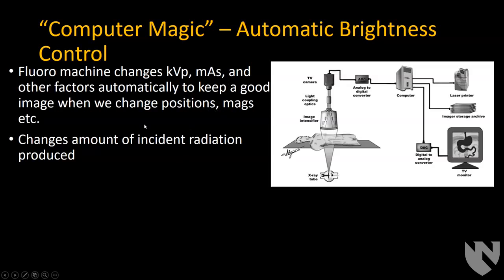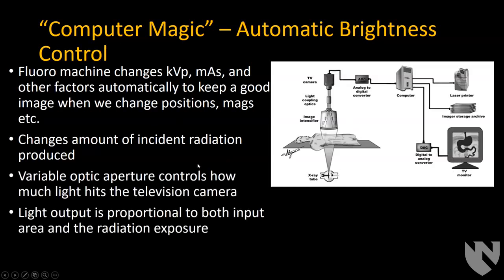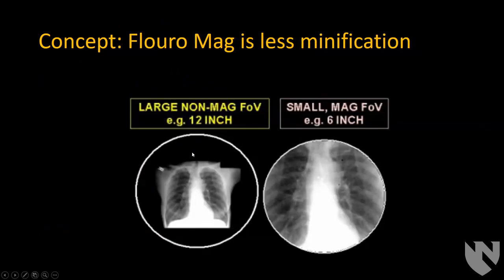So if there's not enough light reaching the camera or the TV, it will up your radiation dose, or vice versa if there's too much. And so the amount of radiation coming out of the X-ray tube is always changing. And so the way that you take your images can really affect the X-ray dose.